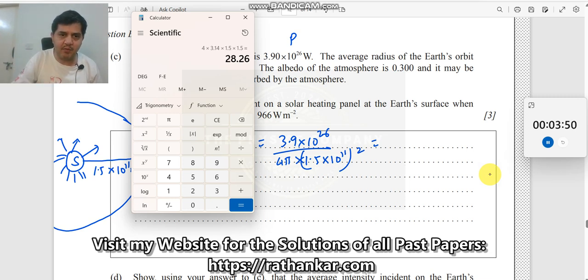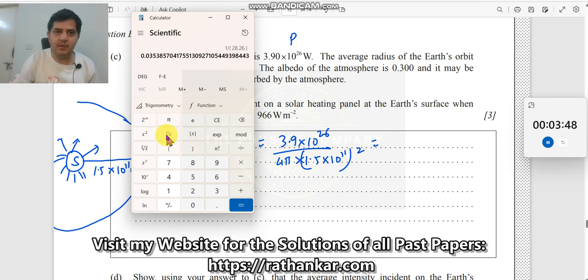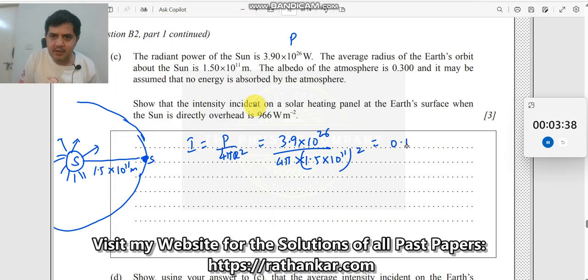If I take the reciprocal, 1 by 28.26, and multiply by 3.9, the numbers come out to be around 0.138, but I have not yet done the powers. 10 power 26 in the numerator, and 10 power 11 whole square will be 10 power 22 in the denominator. When it goes upwards, it becomes minus 22. So it will be 0.138 into 10 to the power of plus 4. What is the full number here?